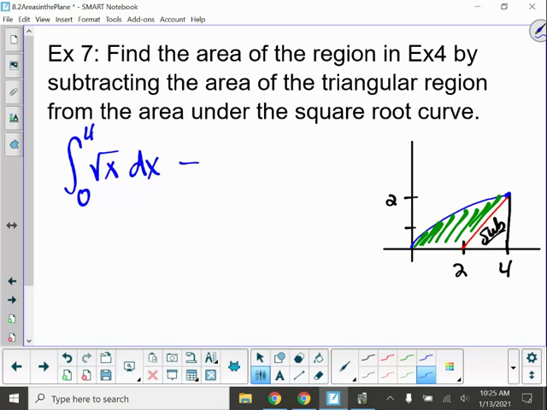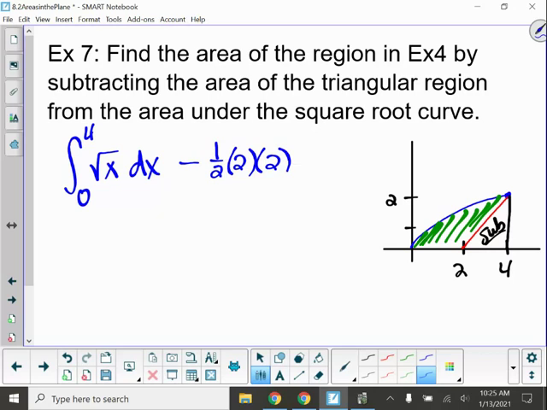So I can subtract out that triangular region, and it would give me the same answer as what we had going through and separating into integrals. Now this isn't always going to work this way. This one works out nicely because I do have a triangle, and I can easily find the area of that. It's 1/2 base times height.